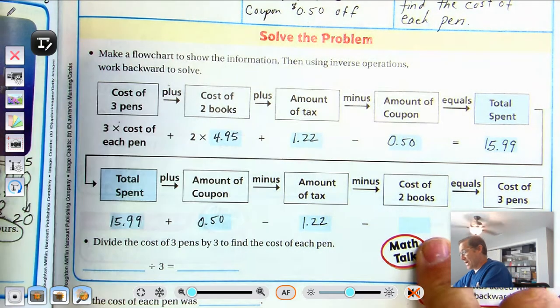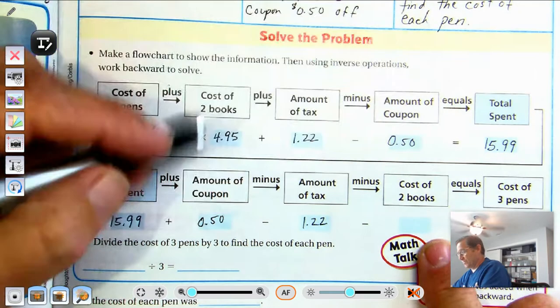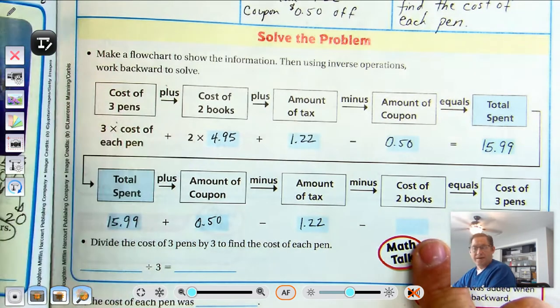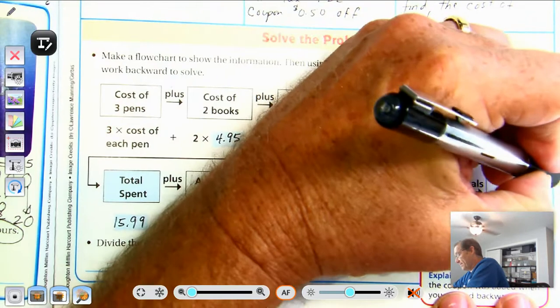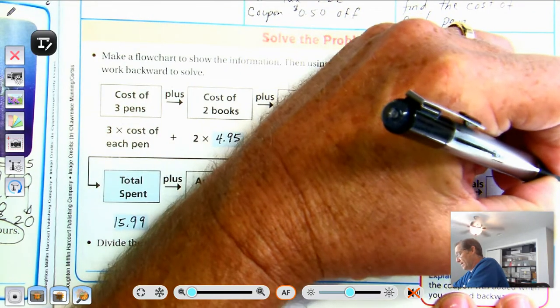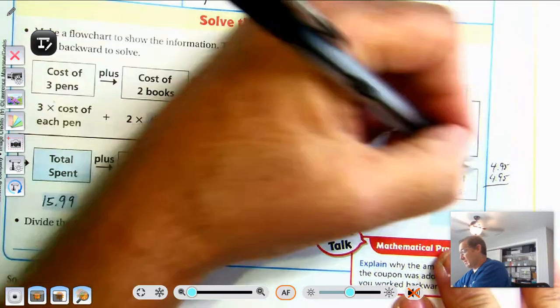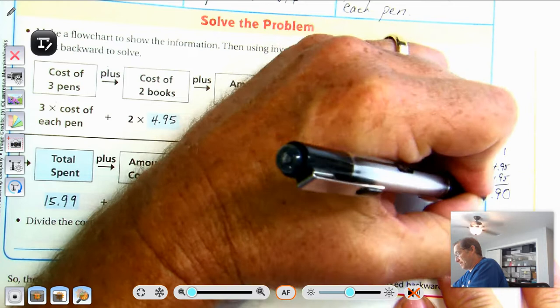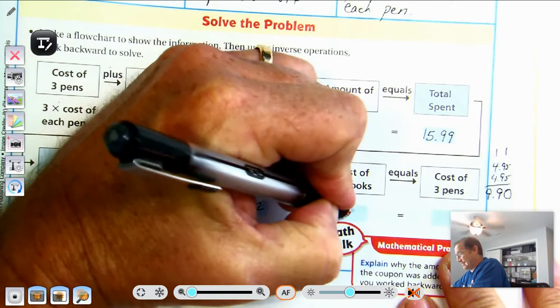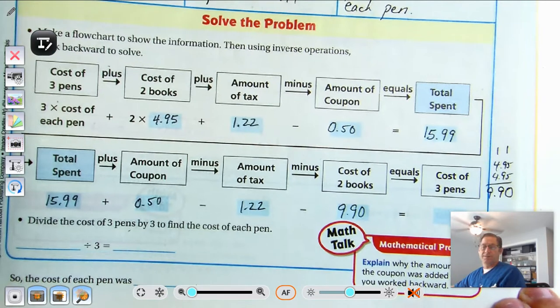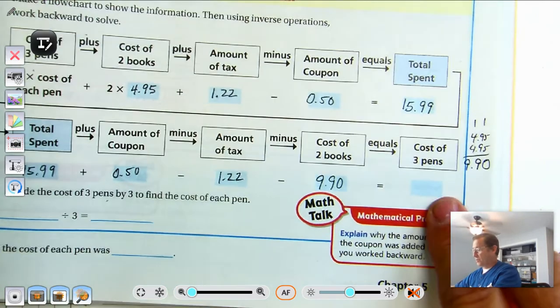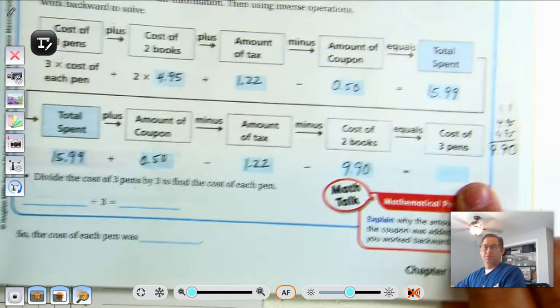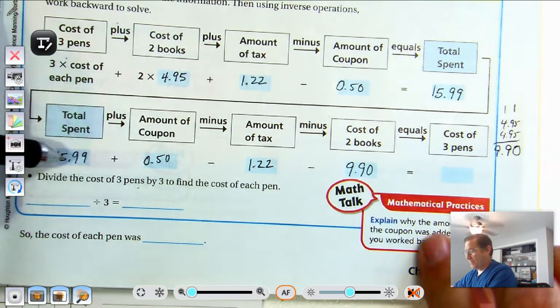And we're going to subtract the cost of the two books. So 2 times $4.95. What is $4.95 plus $4.95? Okay, so that's $9.90 that he spent on books. And that's going to equal the cost of our 3 pens. So let's go ahead and do that math.